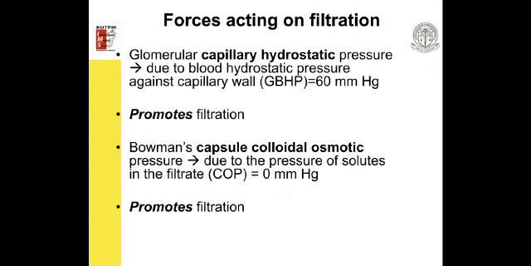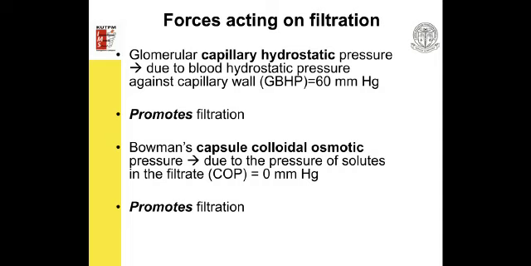So what are the forces acting on the filtration? The glomerular capillary hydrostatic pressure results from the hydrostatic pressure against the capillary wall. It's around 55 to 60. Filtration is favored by capillary hydrostatic pressure.